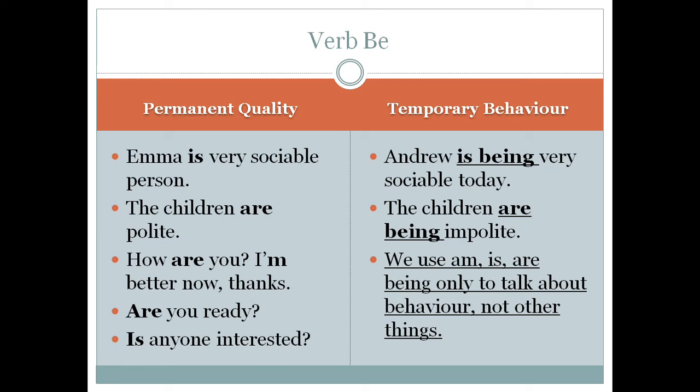But to ask about someone, we say, are you ready? Is anyone interested? So verb be can be used in continuous tense when we express a change in behavior or a temporary behavior.